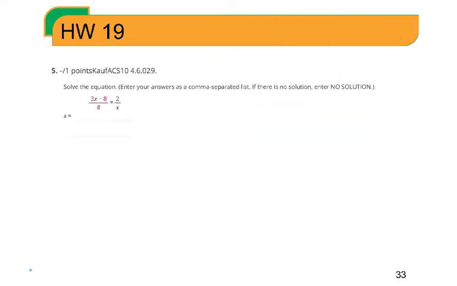Now, let's look at number 5. Now, don't forget, we have this cross multiplication tool or property. So, we can cross multiply. So, I get this equation.